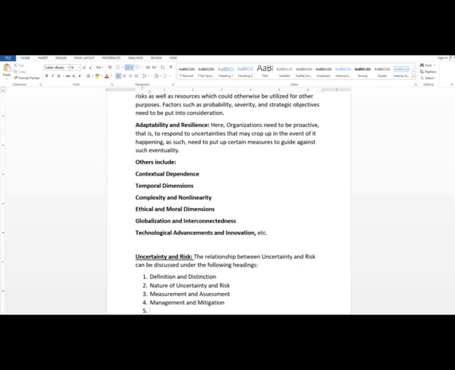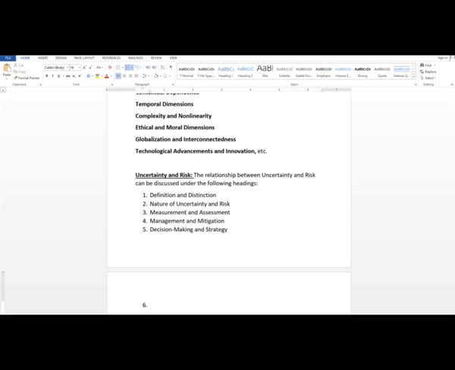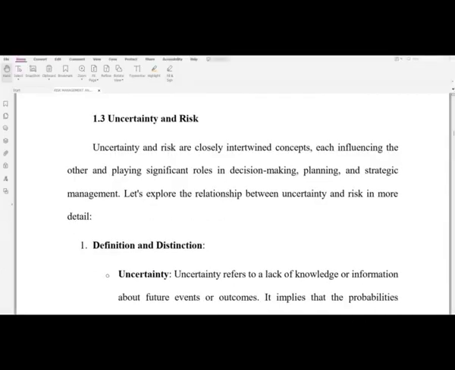We have decision making and strategy. You have the dynamic interaction among others. You have highlighted the definition and description. Nature of uncertainty and risk.